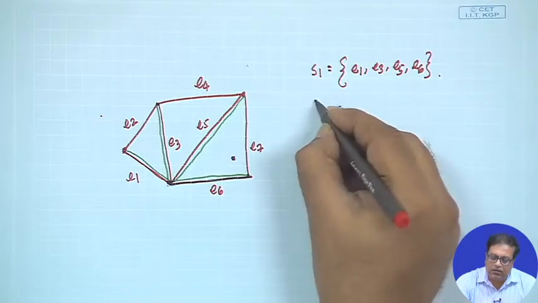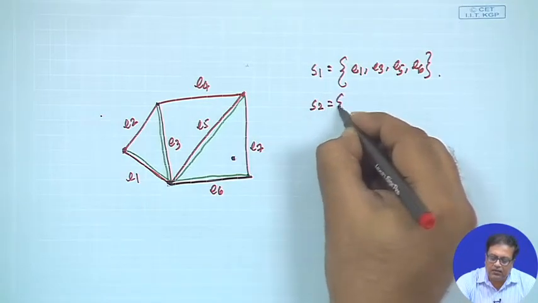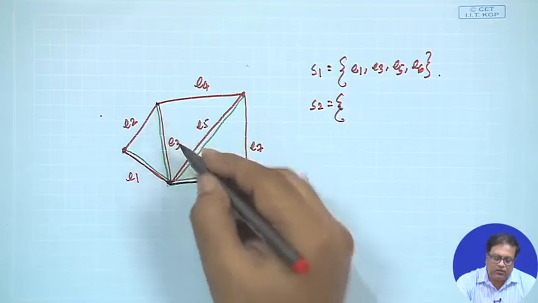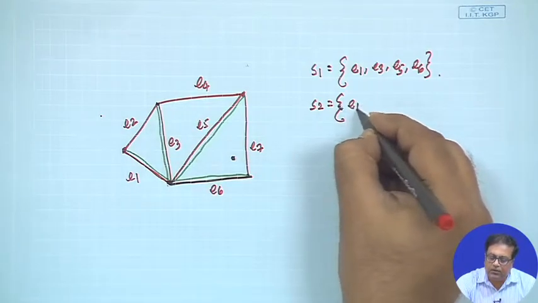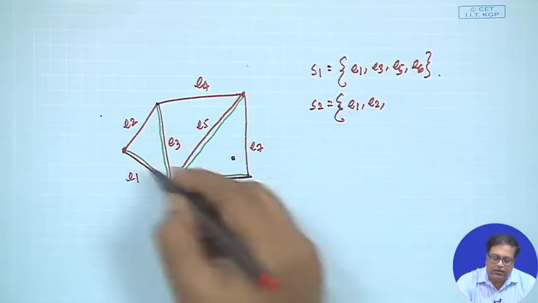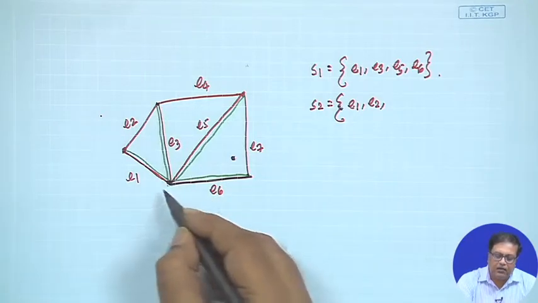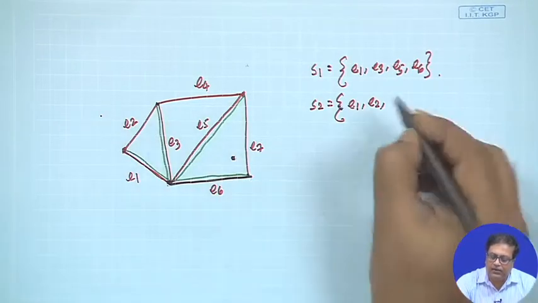Now can you think of another spanning tree S2 as E1, E2? If you take E1, E2, then you cannot take E3 because that will make a circuit. So E1, E2, E4, E7.